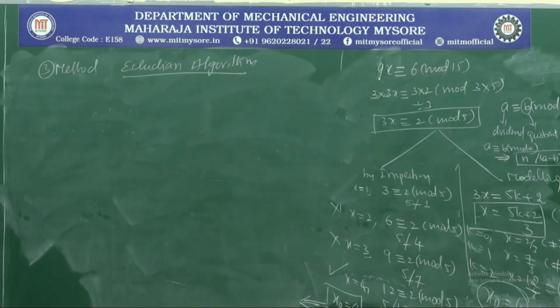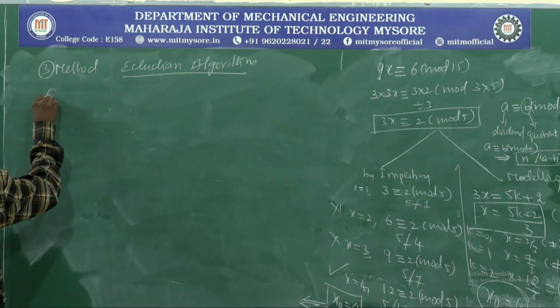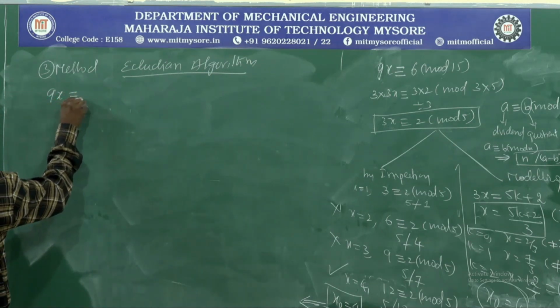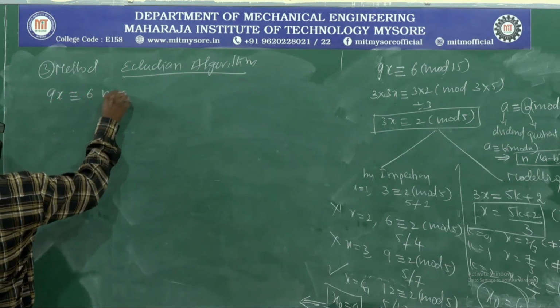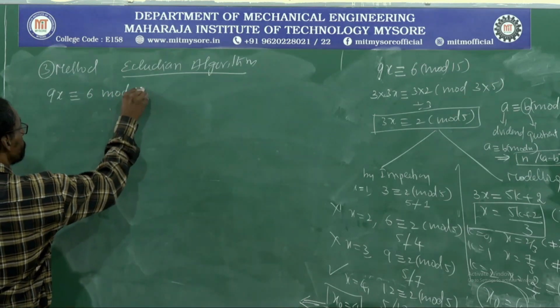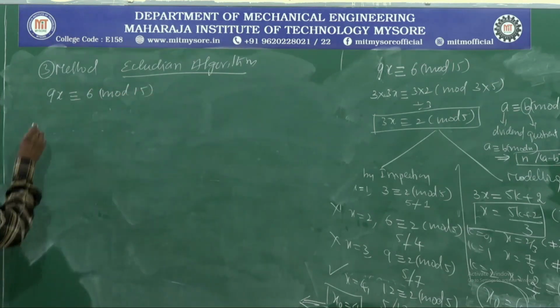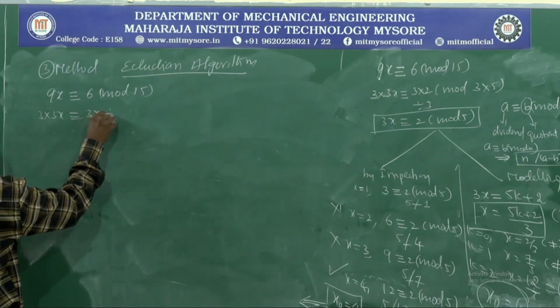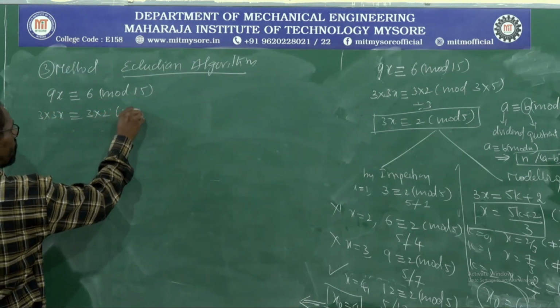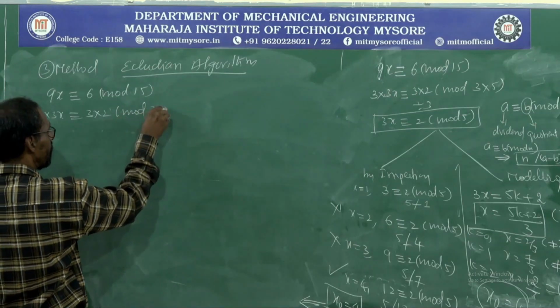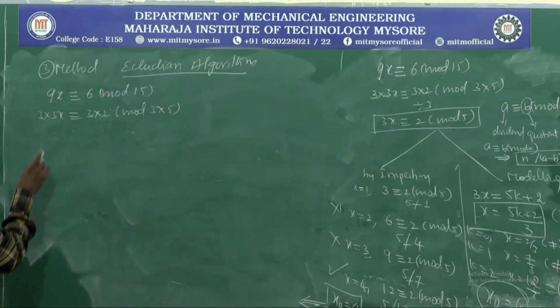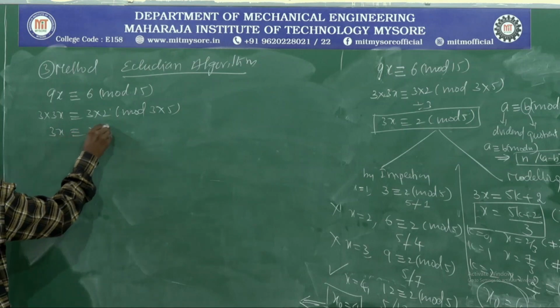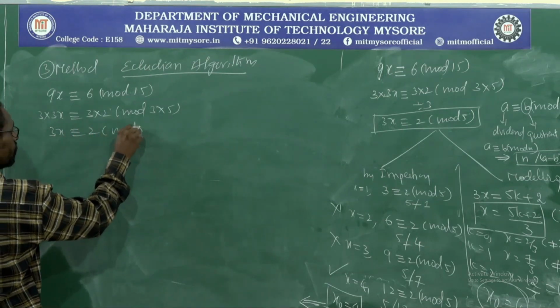I will take the same example. We have 9x is congruent to 6 mod 15. So we can write 3 times 3x is congruent to 3 times 2 modulo 3 times 5. I can get rid of the 3. 3x is congruent to 2 mod 5.